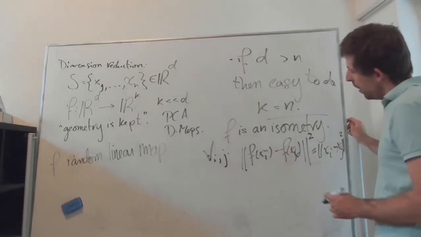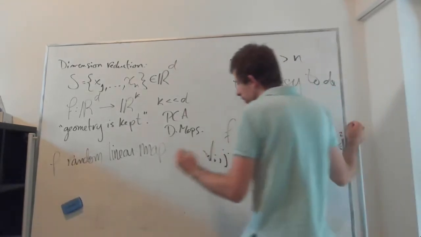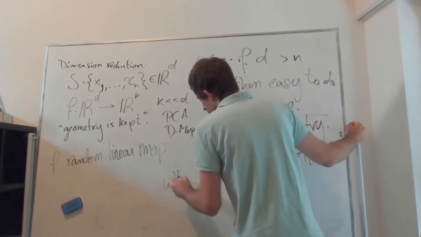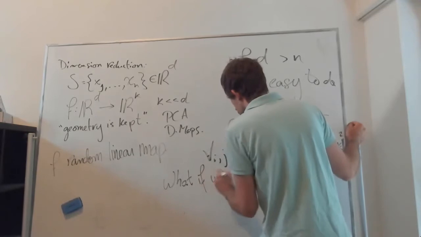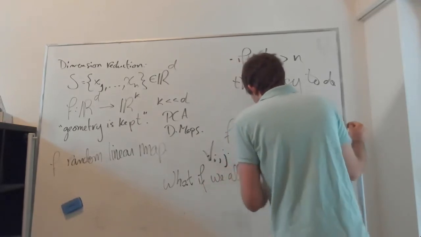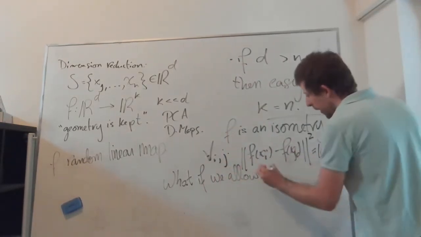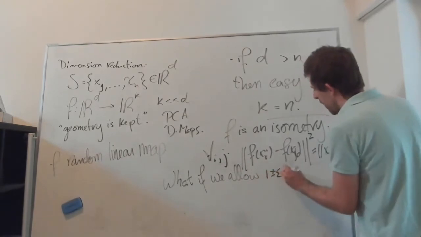So now we can ask, what if we allow some kind of error, like a 1 plus or minus epsilon error?